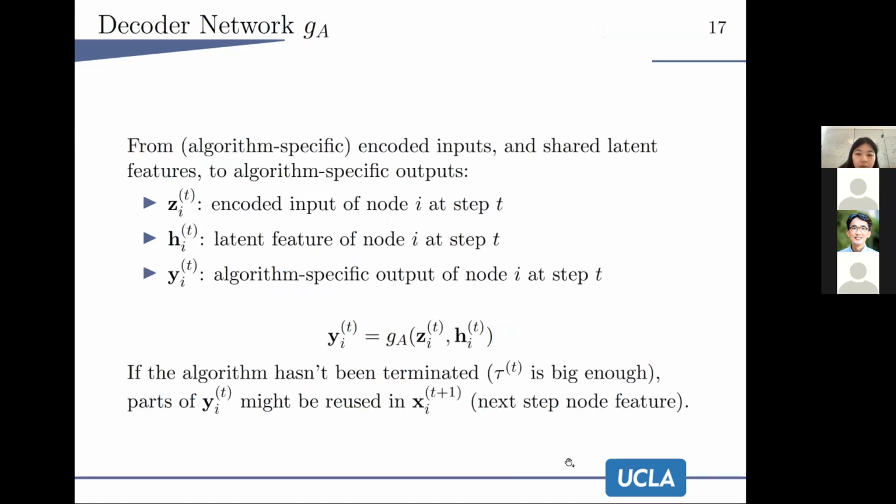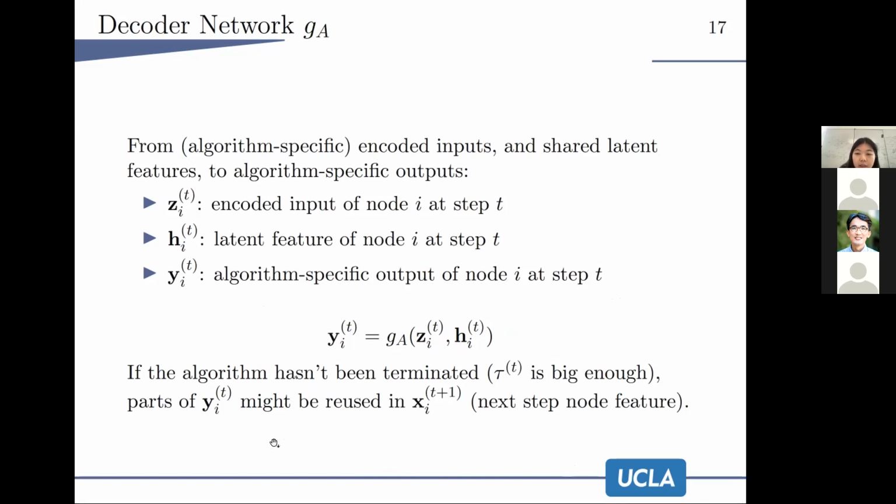And for the decoder network, it's also very straightforward: we take in the encoded input and also the latent features of node i at step T, and we generate an algorithm-specific output of node i at step T. And if the algorithm hasn't been terminated, then we can move on to the next step.